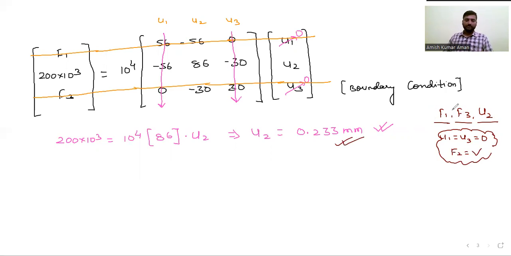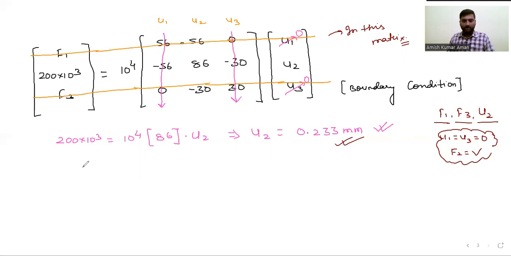Now we need to calculate f1. So how will you calculate f1? Same thing: keep the u2 value in this same matrix. So how will you write the equation for f1?